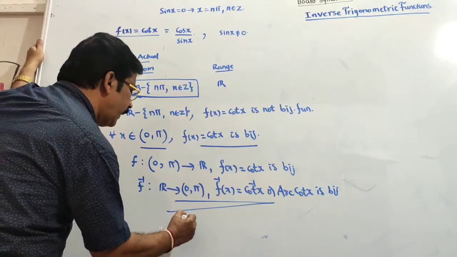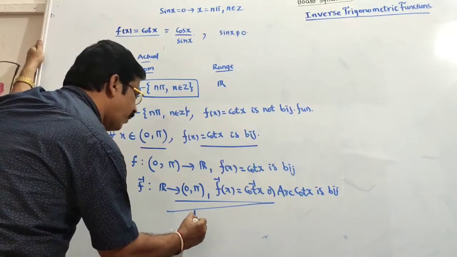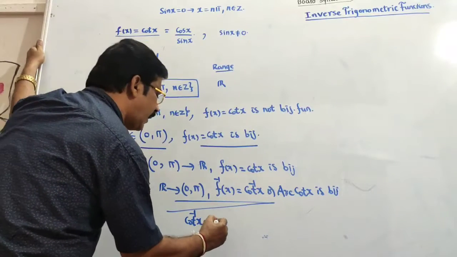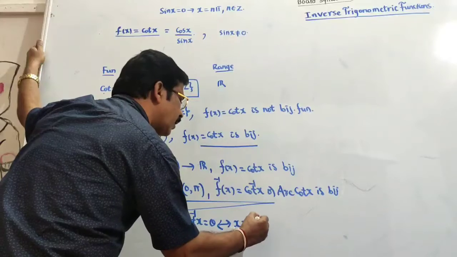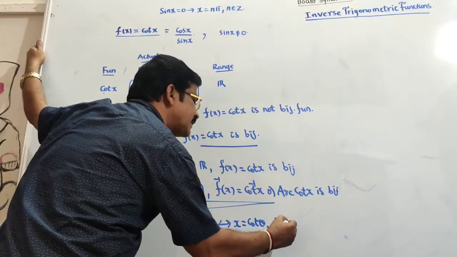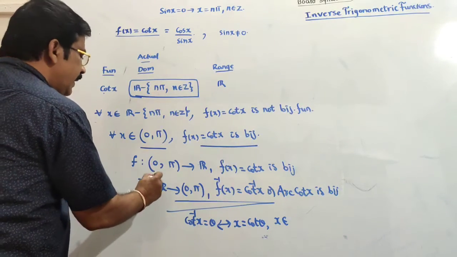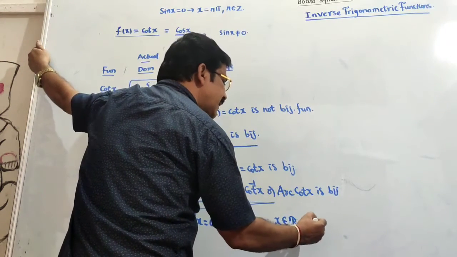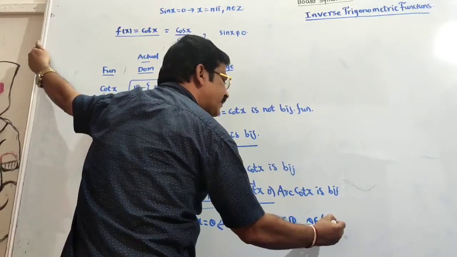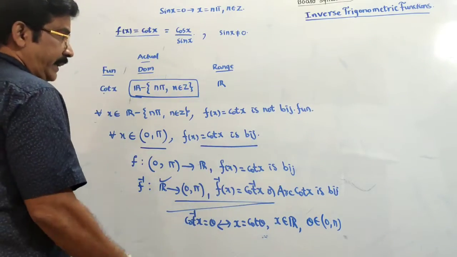So if cot inverse of x is equal to theta, then it implies x equals cot theta, where x belongs to capital R, and theta must belong to the open interval of 0 to pi.